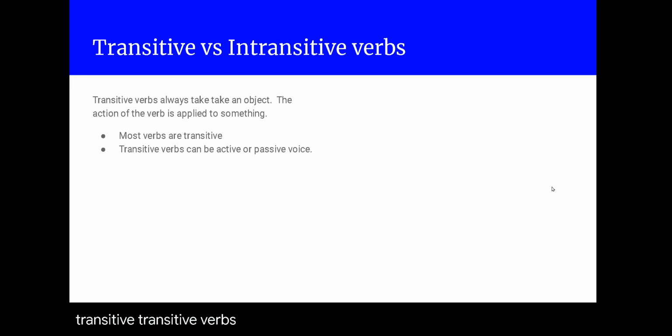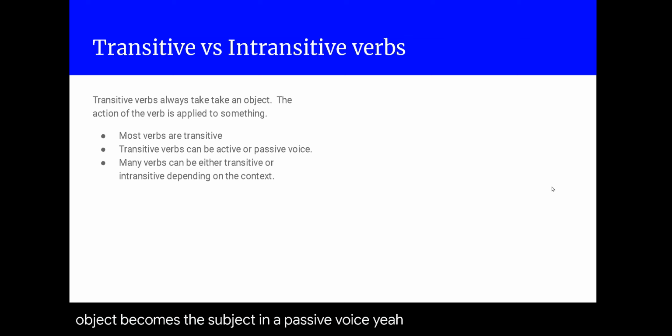Transitive verbs can be active or passive. In this case, the direct object becomes the subject in the passive voice. Many verbs can be either transitive or intransitive, depending on the context of the sentence.